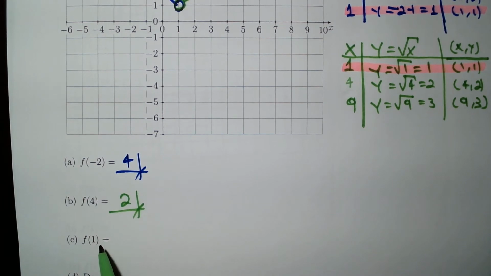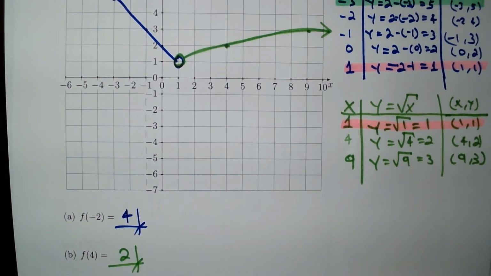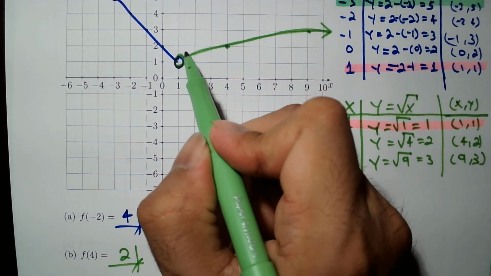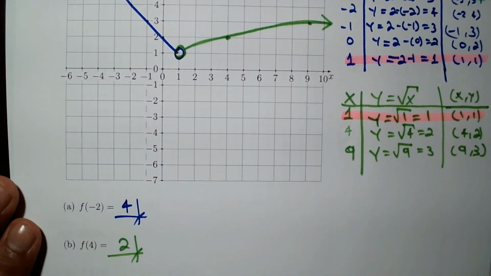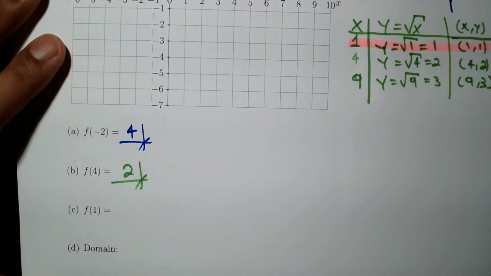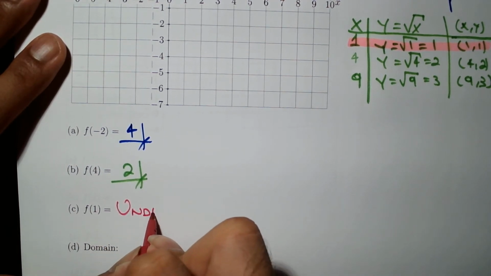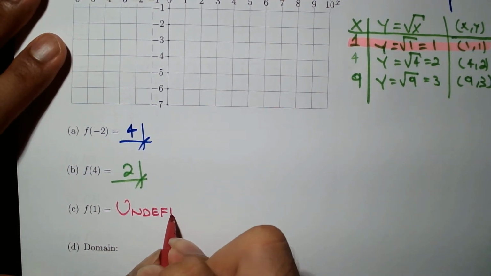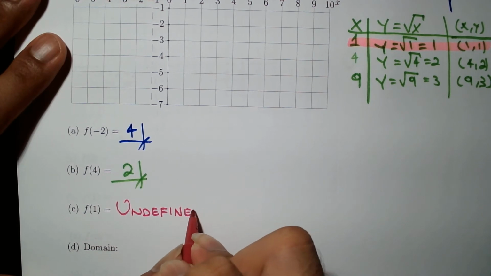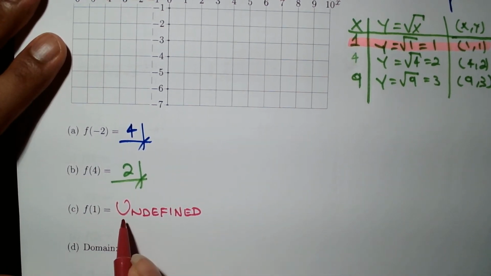F of 1. Okay, so at f of 1, what do we have? We have an open bubble, and in this case we said it's undefined. It's undefined for 1.